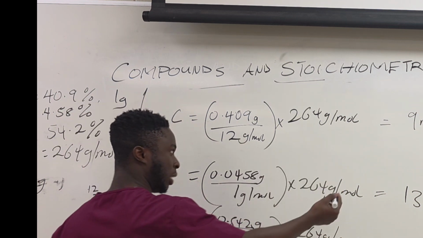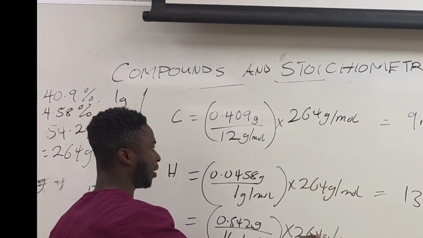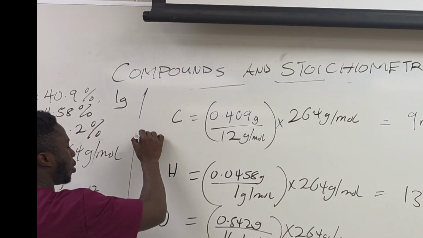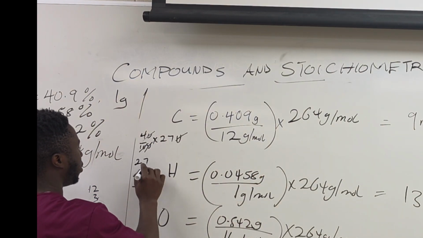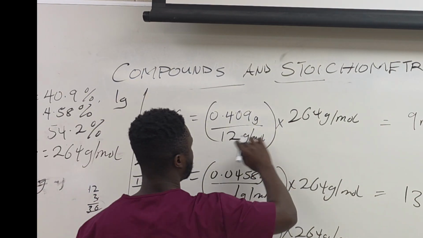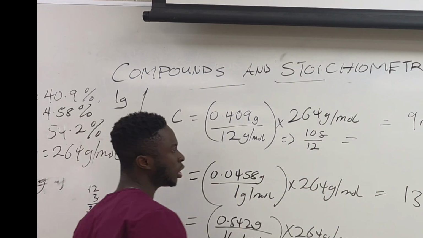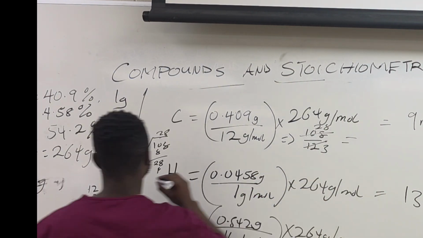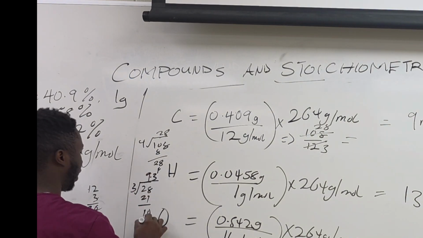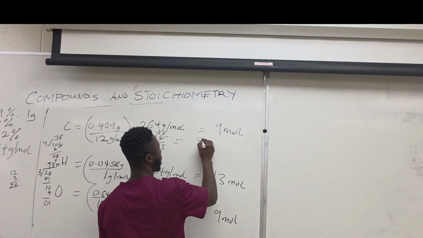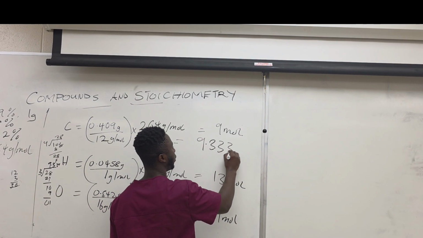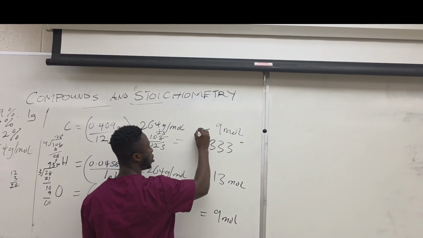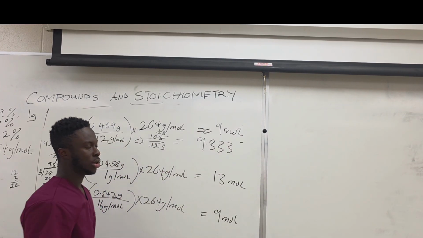But that is if we decide to really do the math. So if you do this, it's going to be an equivalent of 9.3333 recurring. So we approximate it to 9 moles, right?